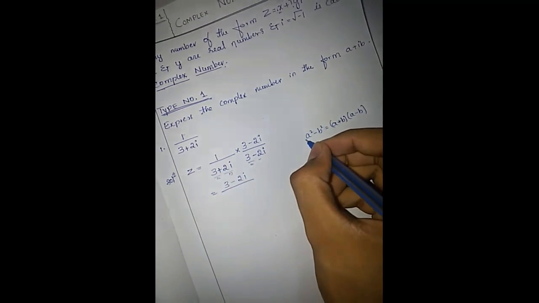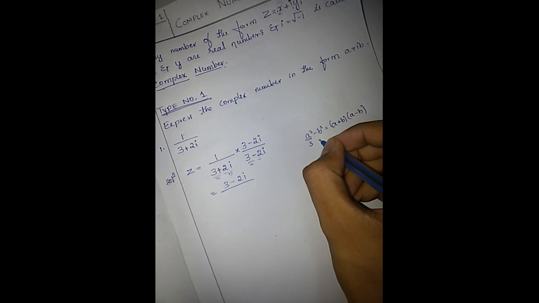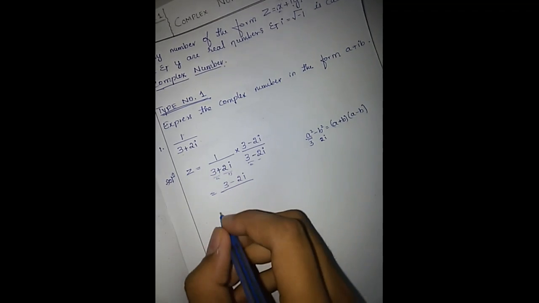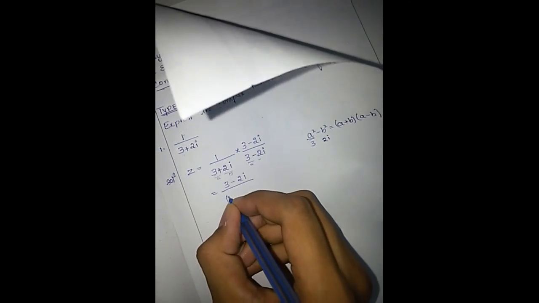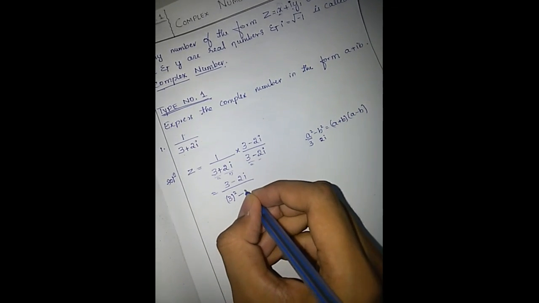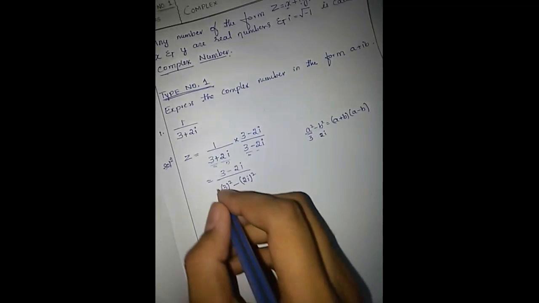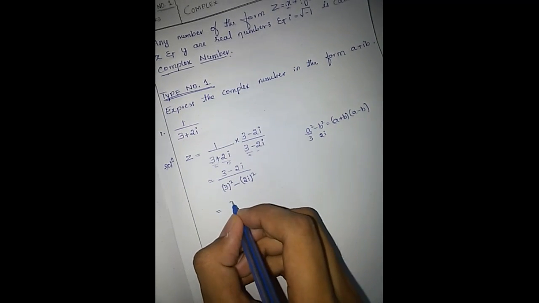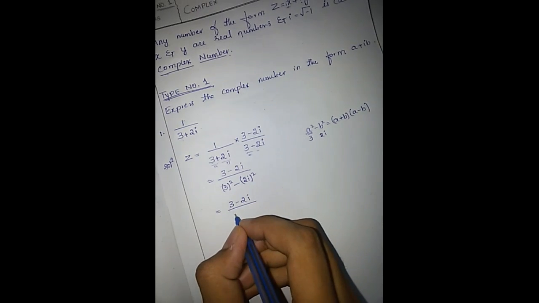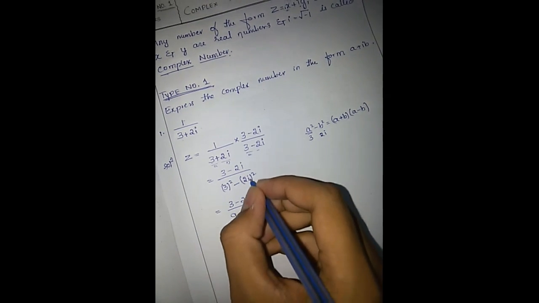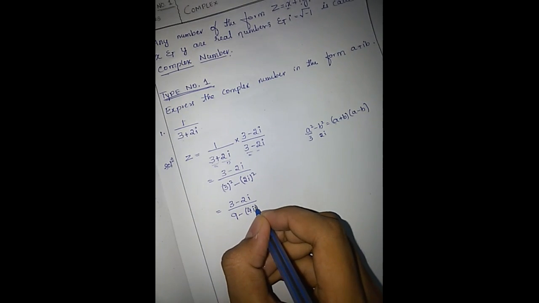Here the term a is 3 and b is 2i. So a square minus b square: 3 square minus 2 square into i square. So 3 minus 2i as it is, divided by 3 square, which is 9, minus 4 into i square.